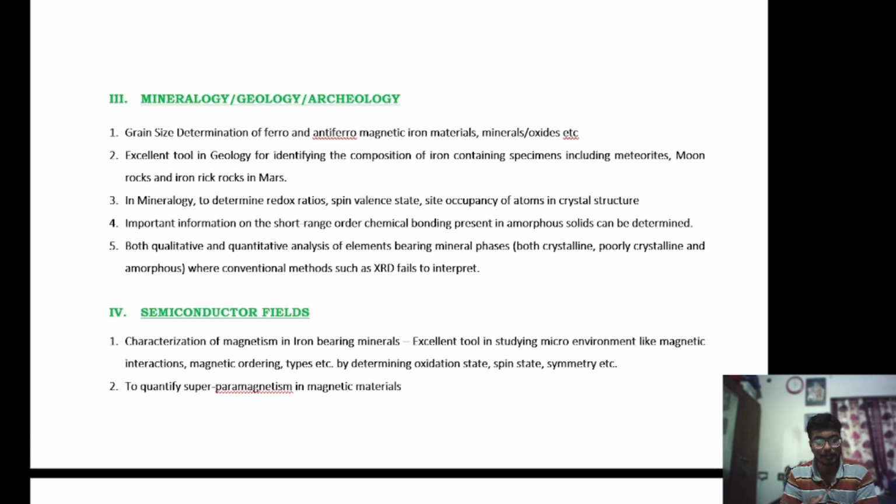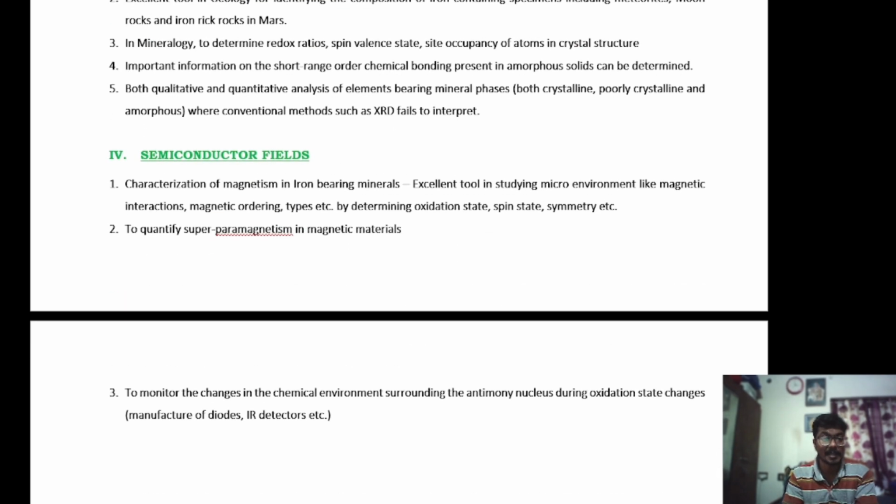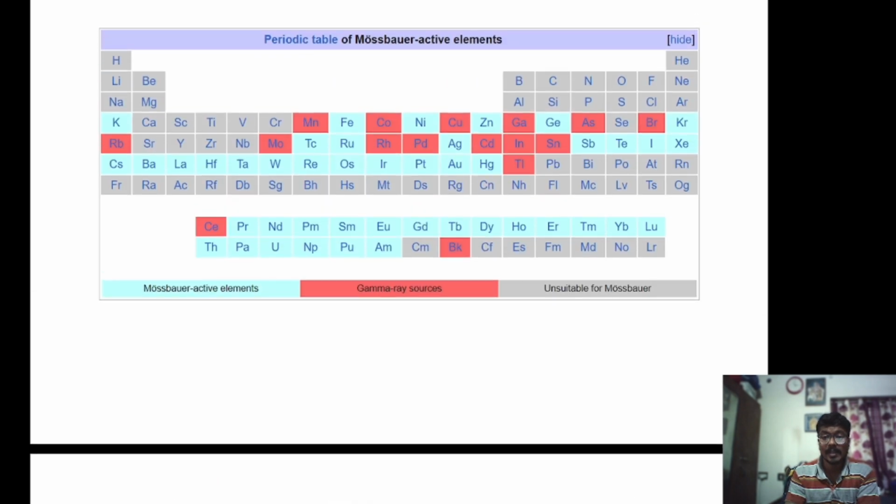And the fourth application part is the semiconductor field. In the semiconductor field, when we consider the physics application in a commercial manner, we all know that in the periodic table, we can see germanium in the carbon family and antimony Sb in the nitrogen family, both of which are used widely.